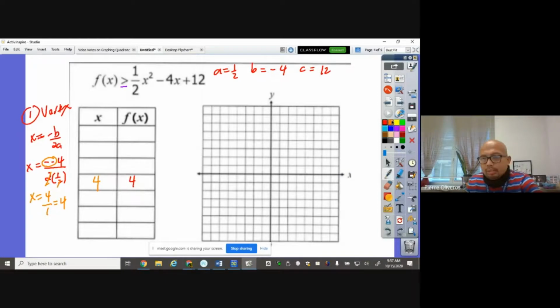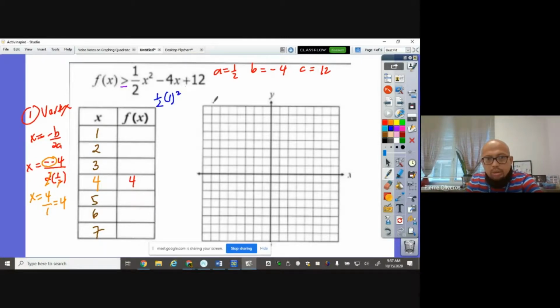Now, we have to complete the table by finding the numbers before 4: 3, 2, 1. And the numbers after 4 will be 5, 6, 7. You can pick 5, 6, 7 in order for you to plug it here, but I'll pick 1, 2, 3. I think it's a lot easier for me. Or you can use your calculator, remember.